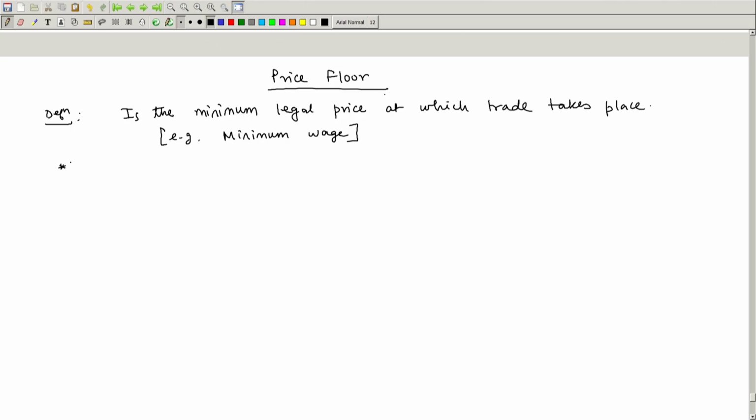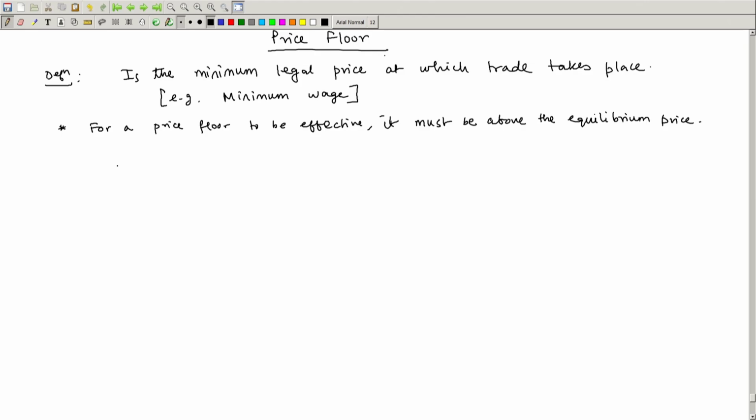So, let us make a note that for a price floor to make sense, to be effective, it must be above the equilibrium price.